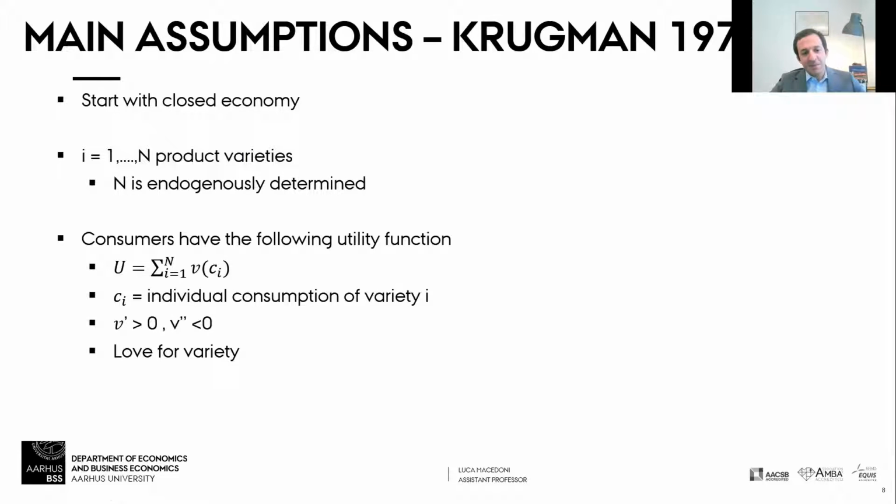And V double prime is negative, so there are diminishing returns to consumption in one variety.